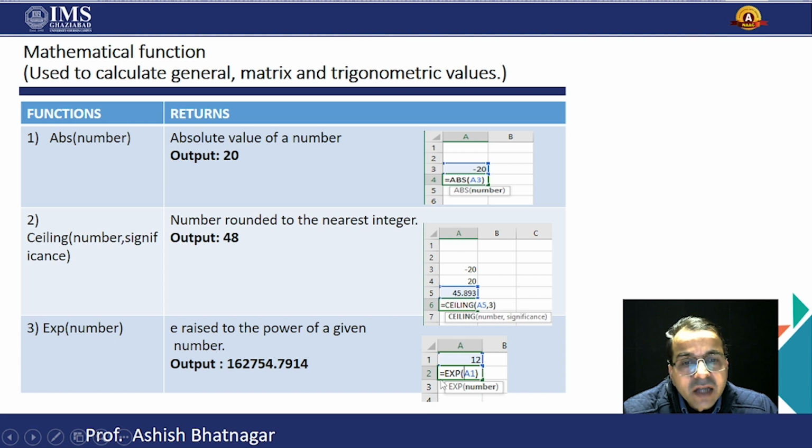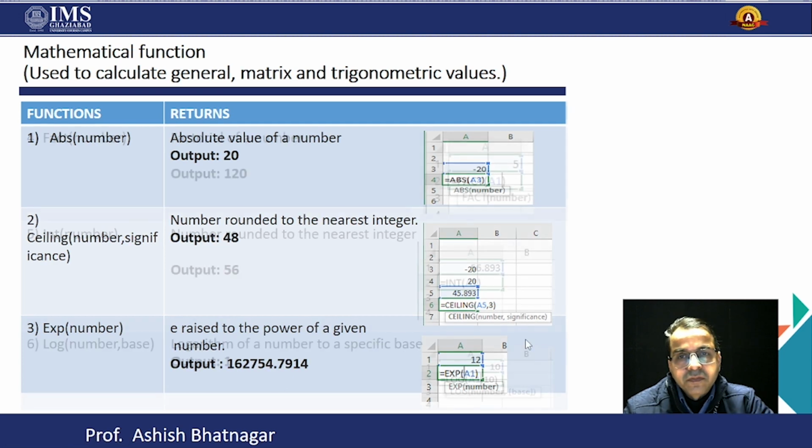Inside EXP there is only one argument, which is A1. A1 contains the value 12. So it will return the output like this. This is the output because we apply the mathematical concept, e raised to the power of a given number, and the given number is 12. So you just apply the exponential function.